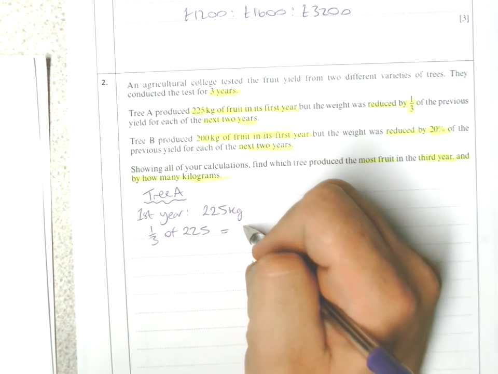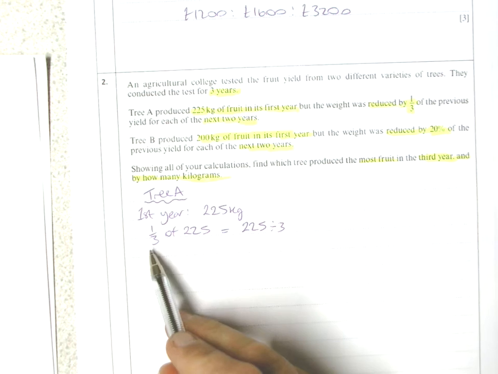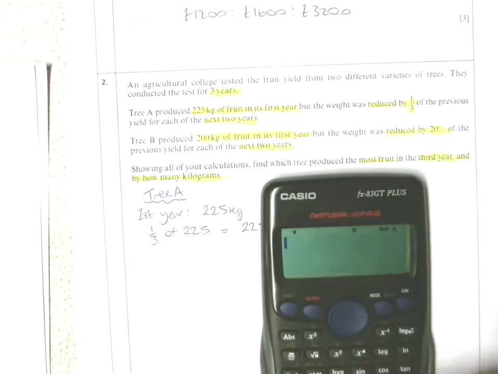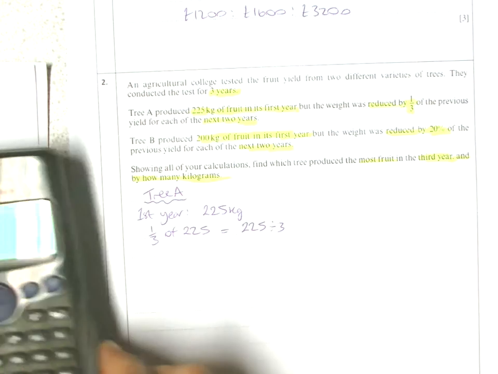The easiest way to do this is simply to divide. 1/3 just means to divide by 3. So we have 225, and we just need to divide that by 3, and we have 75.